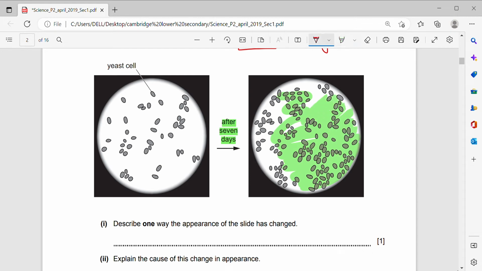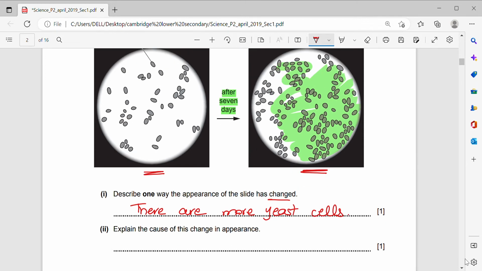طيب إيه السؤال؟ Describe one way the appearance of the slide has changed. إيه اللي اتغير من السلايد دي للسلايد دي؟ هنا عندي more yeast cells. There are more yeast cells. طيب. Next question.